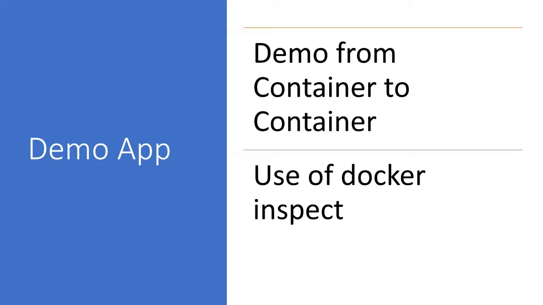The basis of this demonstration is the concept of the IP address of the image. So we will use the docker inspect command to get the IP address of the MongoDB container, and then pass that IP address to our application. So that will be our task.